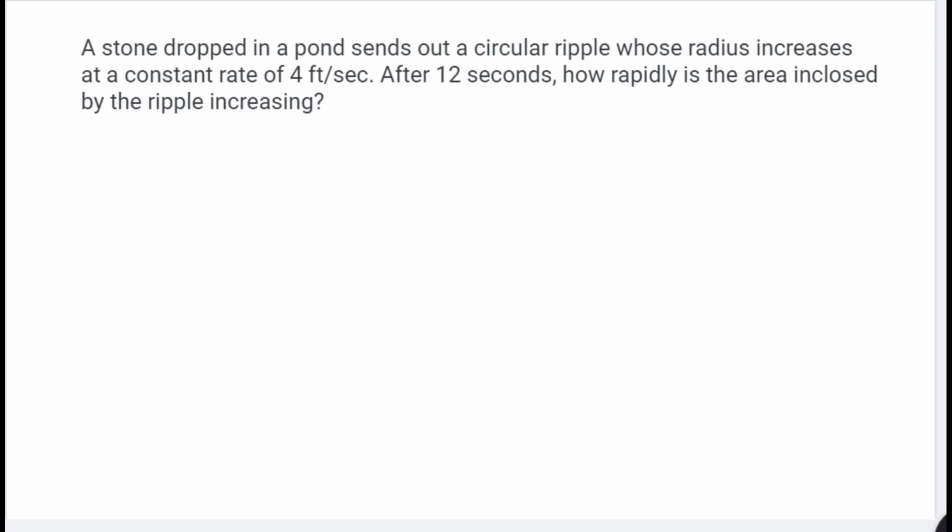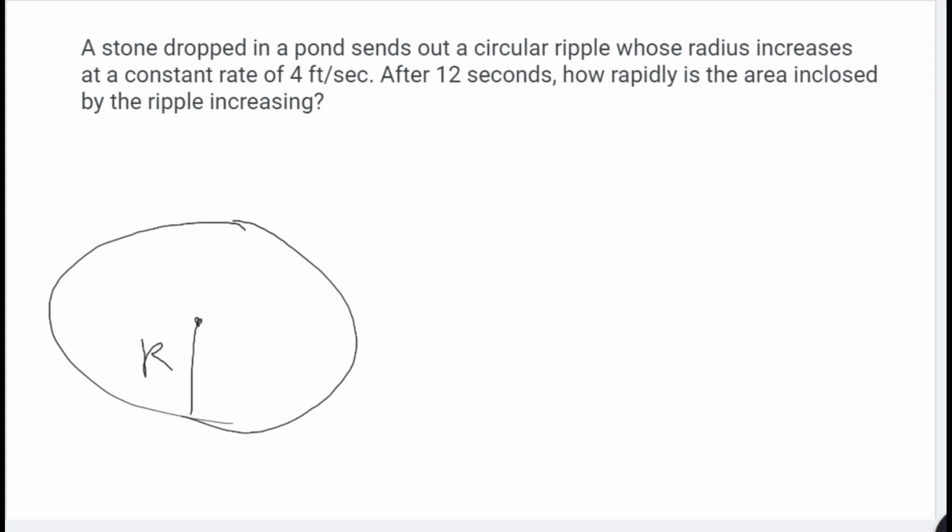Well, basically, there's a ripple that's enlarging. What we know is the radius. So call it r, and we actually know r prime is 4 feet per second. That's how fast it's increasing.